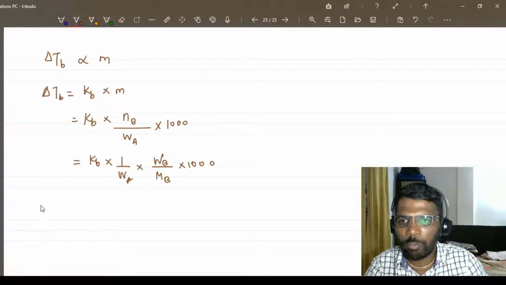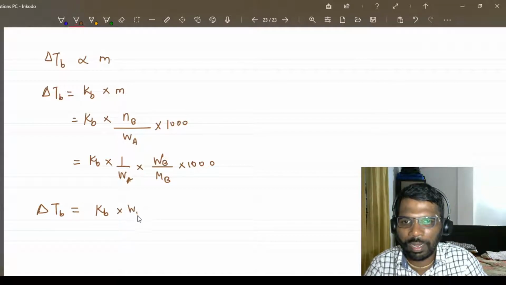So my final formula is delta TB equal to KB multiplied by WB multiplied by 1000 divided by WA into MB.